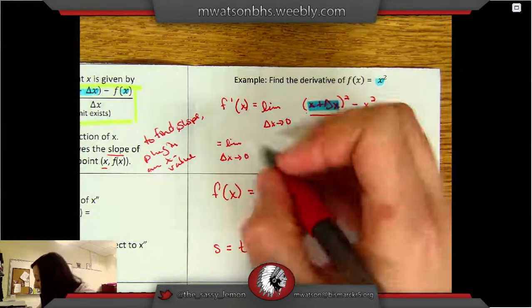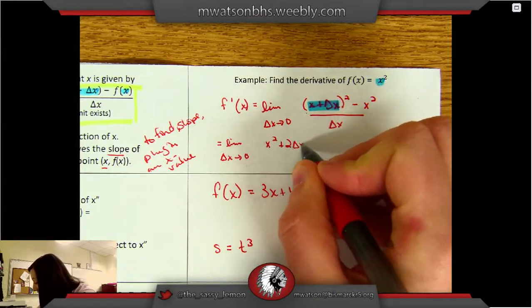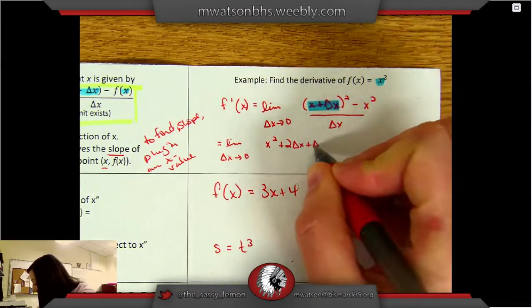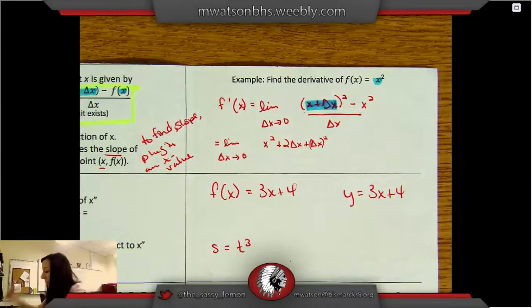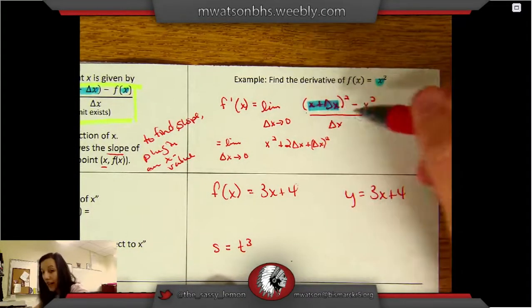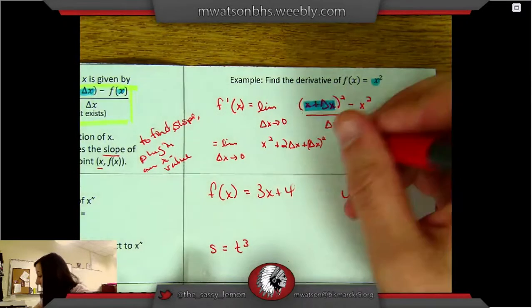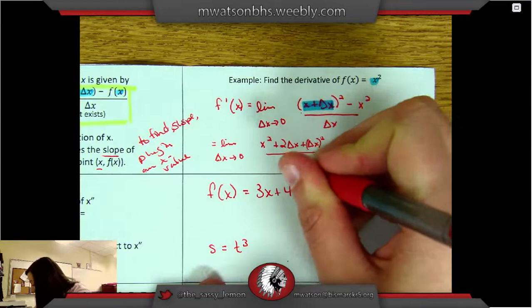And that means I'm going to have x squared plus 2 delta x plus delta x squared. And if you don't believe me, on the side of your page you can go ahead and FOIL that out. But this is what you will get. And then minus x squared all over delta x.